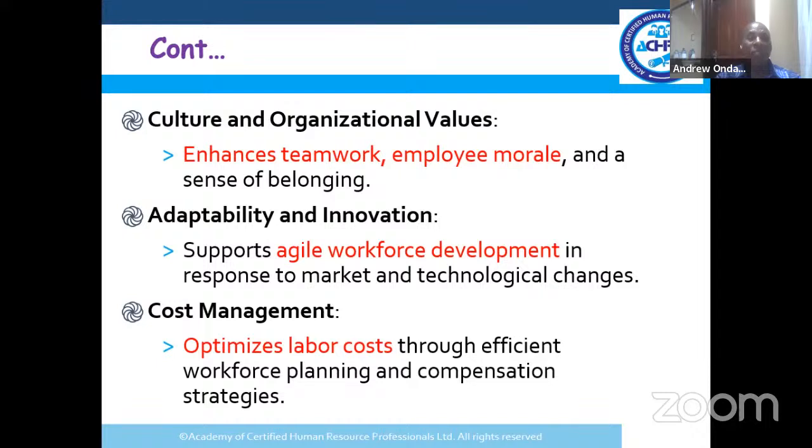On work environment, we can cut cost in that area. How do we cut cost? By ensuring that our working environments are healthy and safe so that we avoid the cost of compensation.